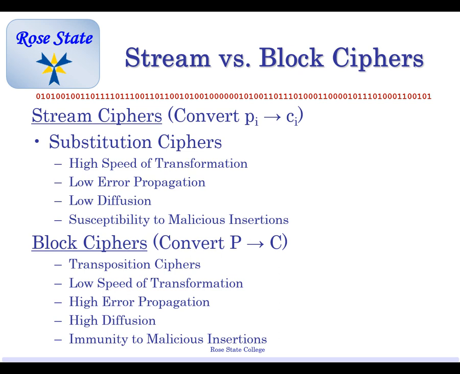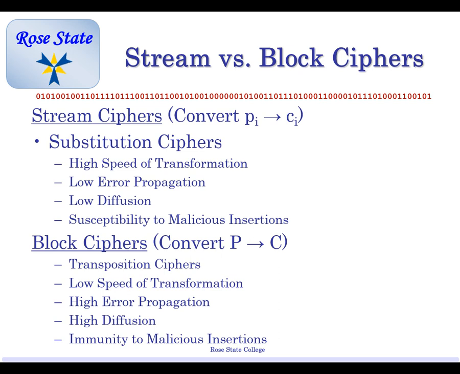Okay? So, stream ciphers are like substitution ciphers. High speed of transformation, because you're seeing it immediately as it happens. For every letter that comes through, it's encrypted and sent to you. You don't have to wait for a grouping of it. Low error propagation. If I'm typing a message and I miss one letter, and we're encrypting letter by letter, that one letter is screwed up only.